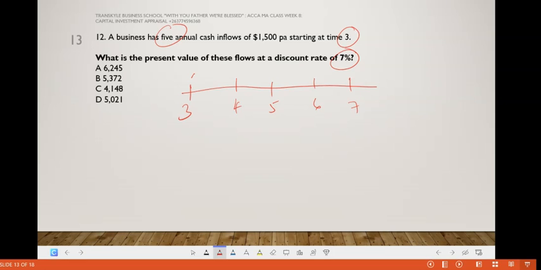But one thing I want you to appreciate is that starting at year 3 simply means that we are starting at the end of year 2. Okay, end of year 2, that's the beginning of year 3.